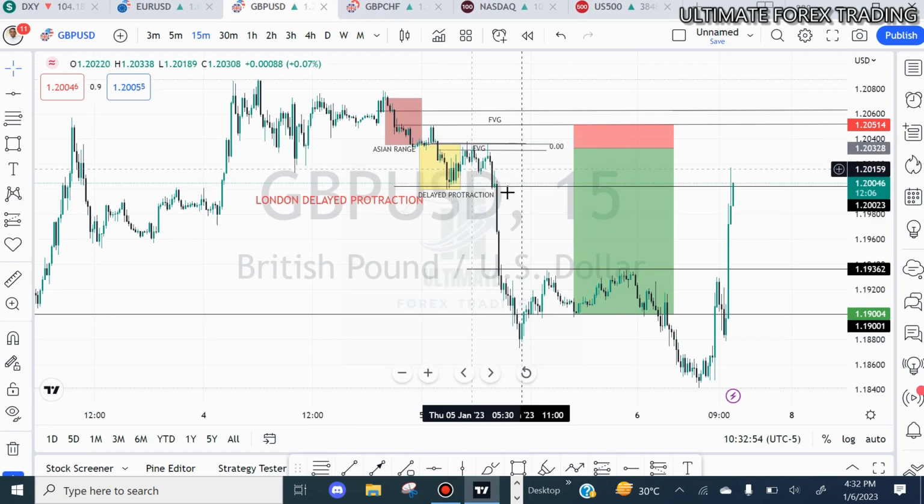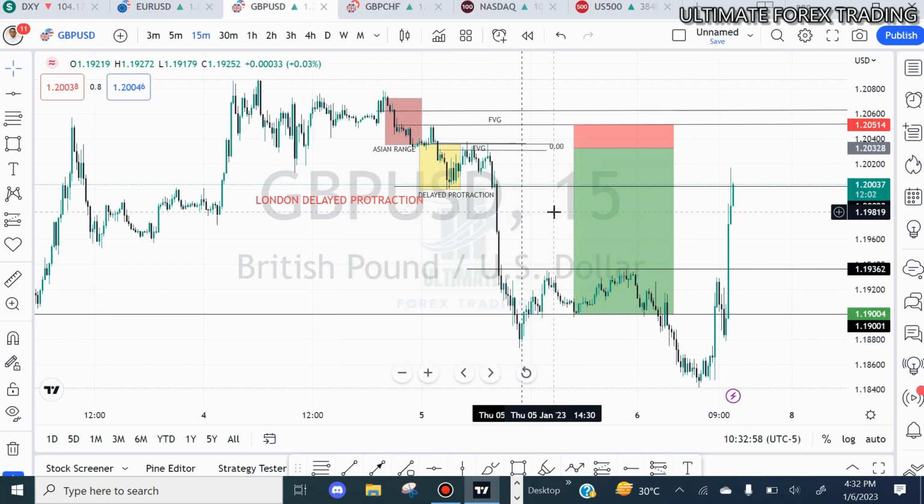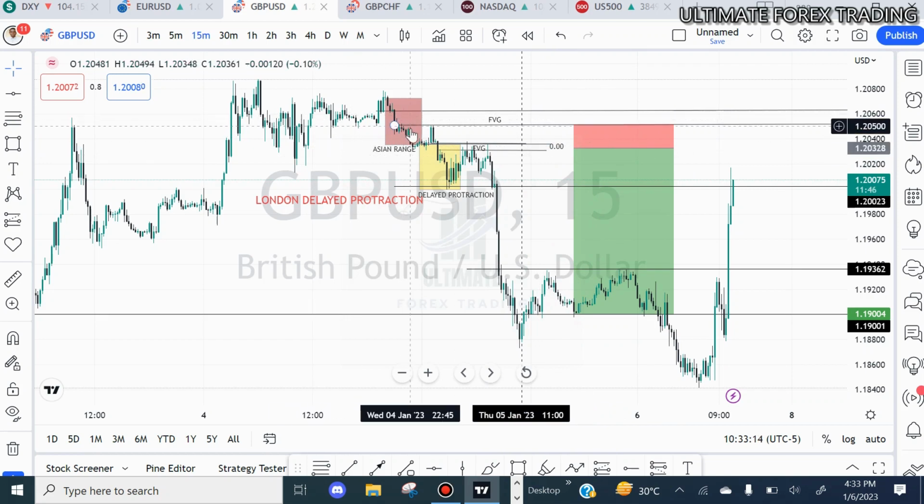And you remember the ICT did say in a bullish scenario or in a bearish scenario, as in this case, entry will really be above the 0 GMT, that's above the midnight opening price, or at the midnight opening price.